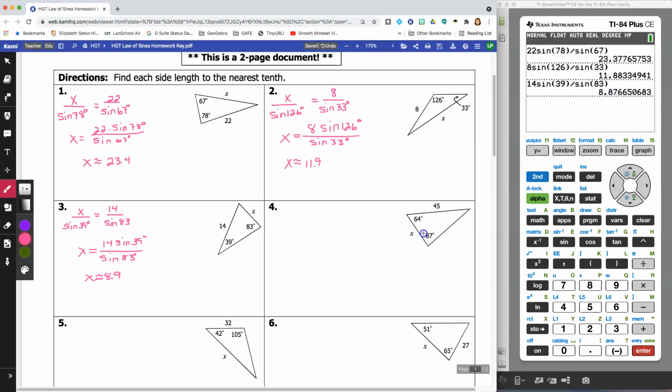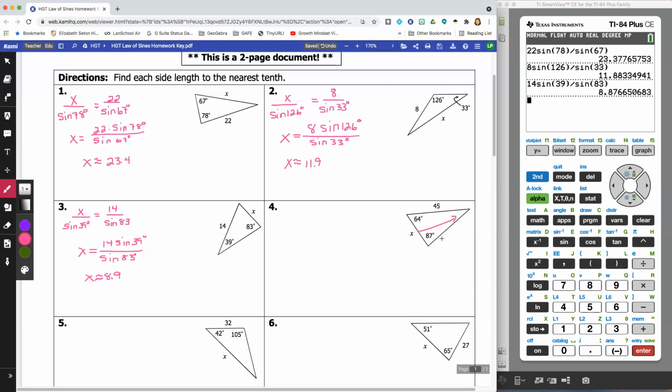Number 4, I have 45, a side length, which is directly across from the 87-degree angle. I have a 64-degree angle, but x, my unknown, is between the 64-degree angle and the 87-degree angle. In other words, it's across the triangle from the angle I don't have a measure for.